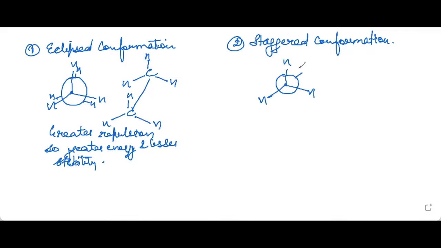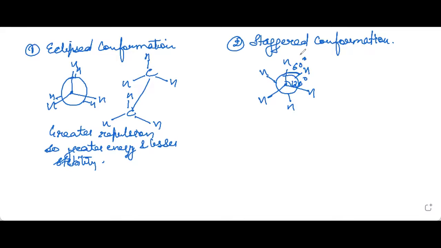The hydrogens of one carbon atom are not just behind the hydrogens of the other carbon atom, but they are at the maximum possible distance, and this arrangement is known as the staggered arrangement. That is, the hydrogen atoms of the two carbon atoms are staggered with respect to each other. So this angle is 120 degree. If we see the angle between the hydrogens of two different carbons, it is 60 degree.